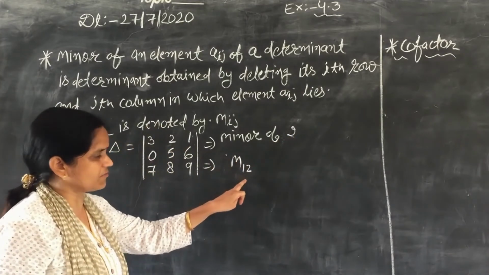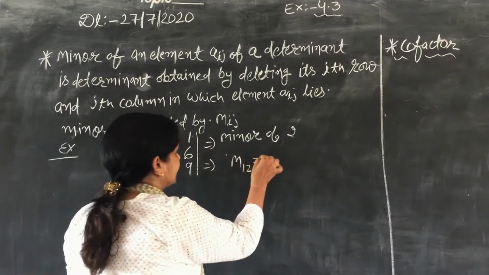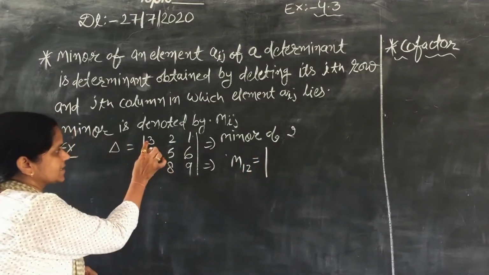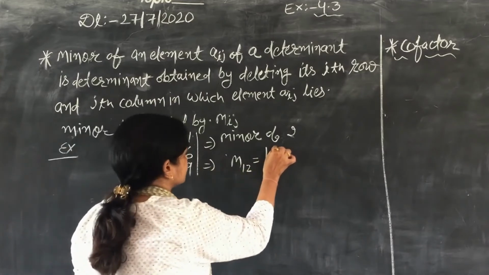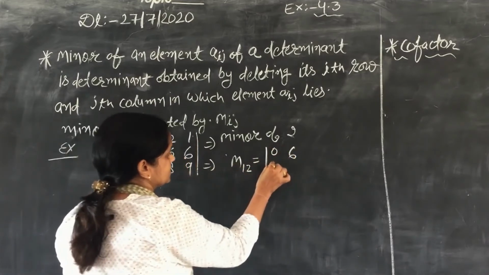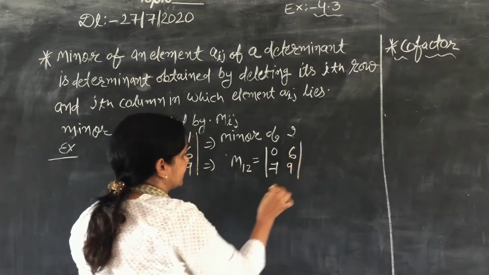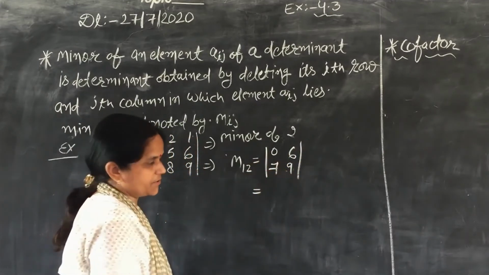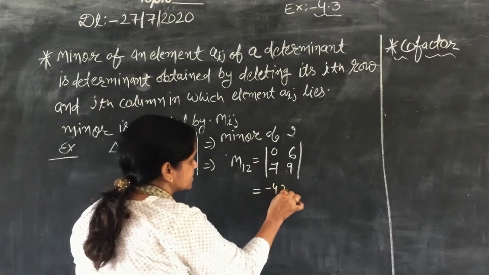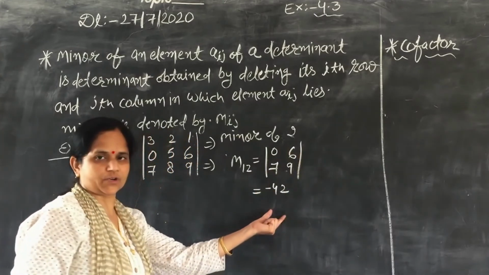So write M1,2, and now delete this row and this second column. Remaining elements are 0, 6, 7 and 9. Now solve it, students. So 0 into 9 is 0, and the answer is minus 7 sixes are 42, so -42.